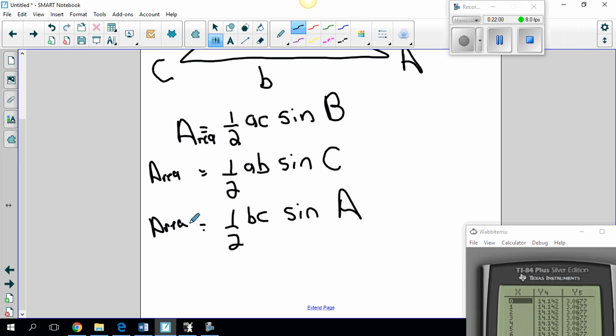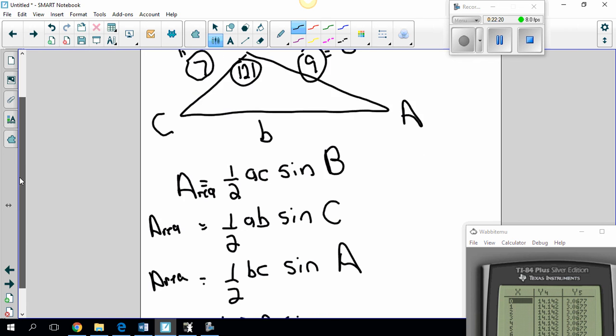So just remember, if you got a side angle side, you should go 1/2 of the two sides, sine of the angle, boom, area. So area equals 1/2 times 7 times 9, sine 121.